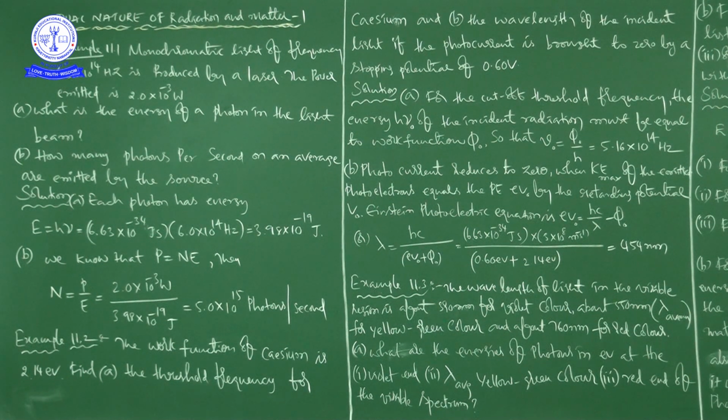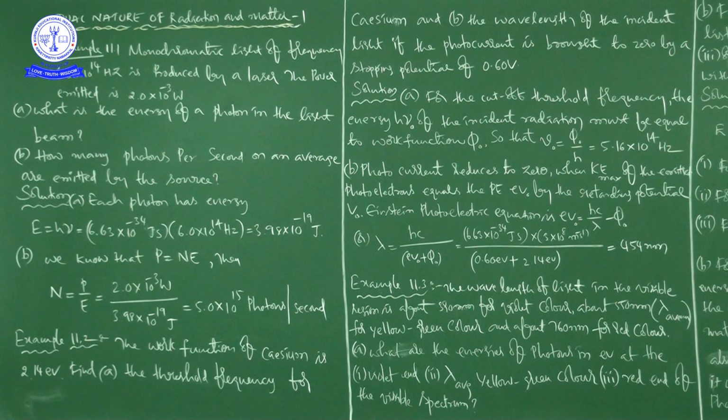So they have given the frequency of light, that is monochromatic light, 6.0 × 10^14 Hz, produced by a laser. Then they have also given the power emitted, 2.0 × 10^-3 watt. Next, two things they are asking us to find.